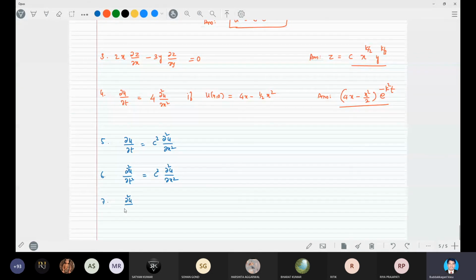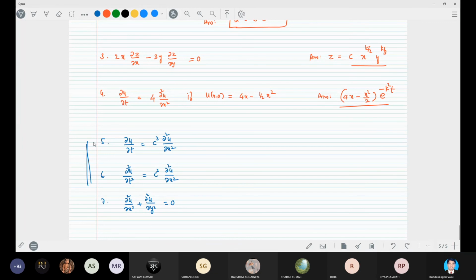Dou square u by dou x square plus dou square u by dou y square is equal to 0. You just solve these three important equations by the method of separation of variables. We will discuss the physical problems in the next class. Okay, these are very important.